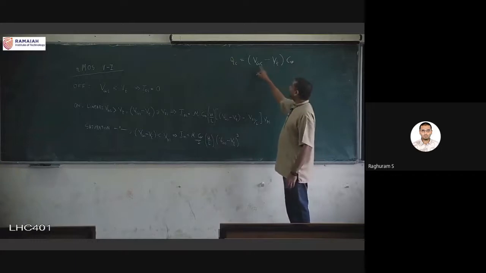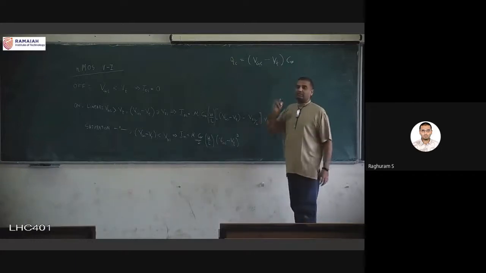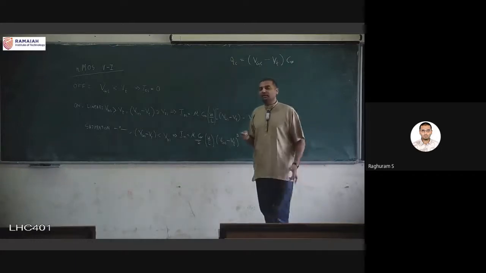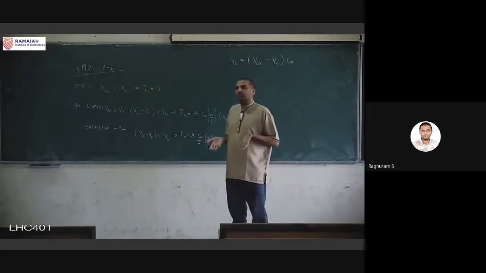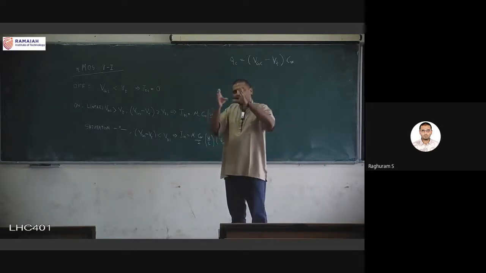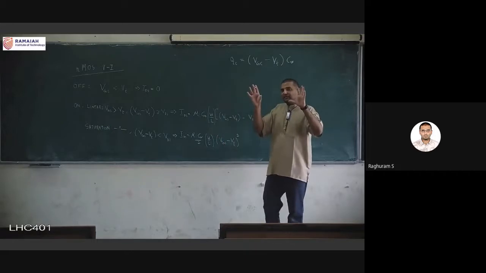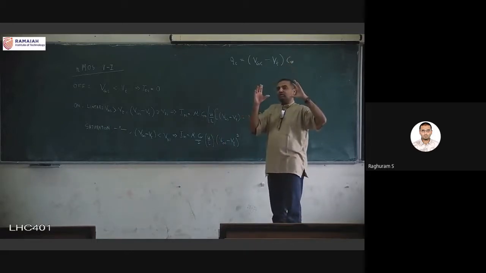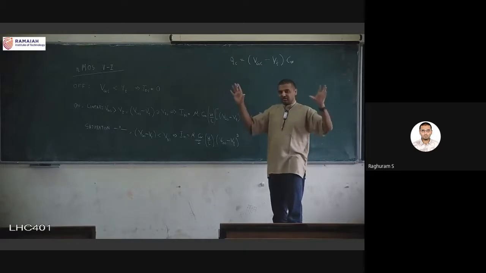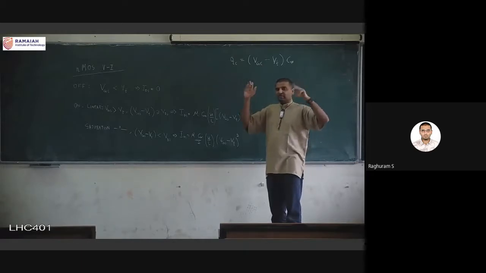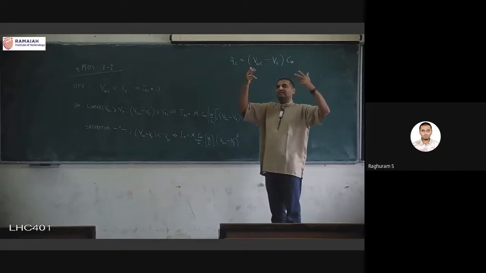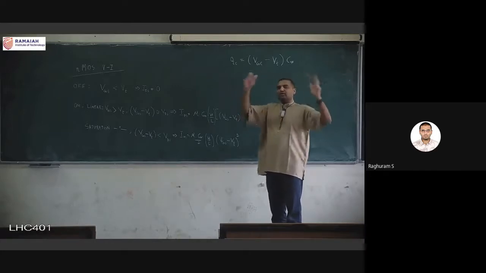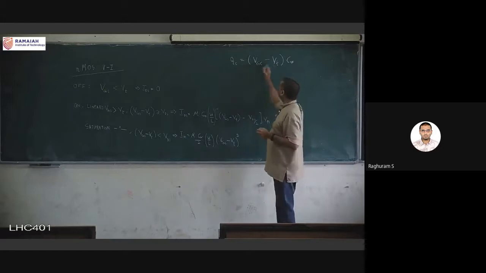The reason for VGS minus VT, if you remember the definition, is that VT is the amount of voltage required to attract some concentration of electrons. Anything beyond that, we always want that much amount of electrons to be there, so that the region is inverted and the transistor is on, that is, the connection is there. Beyond that, whatever is attracted can be used for the conversion. That is why we have to start with this expression.